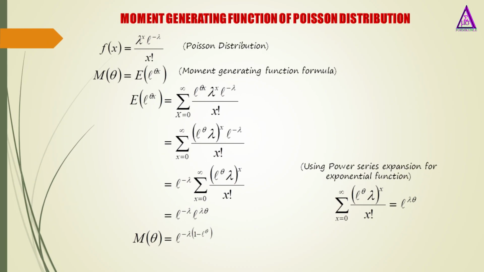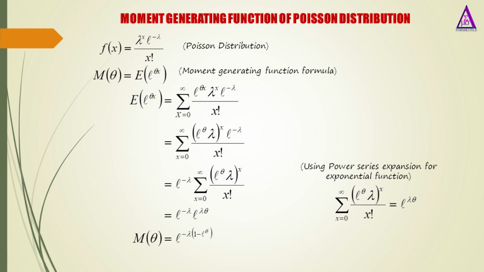The next distribution is the Poisson distribution, and the PMF of Poisson is f(x) = λ^x e^(−λ) divided by x factorial. And this is the moment generating function formula.